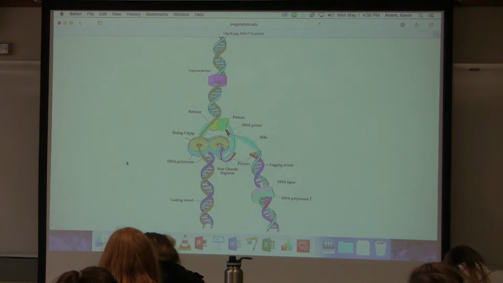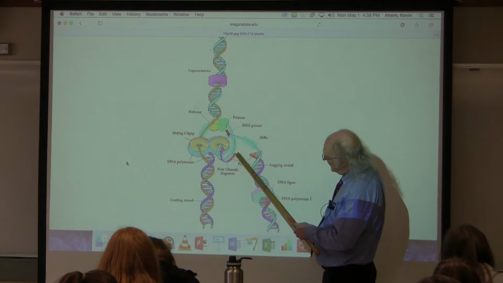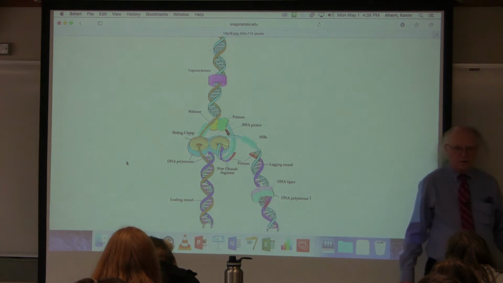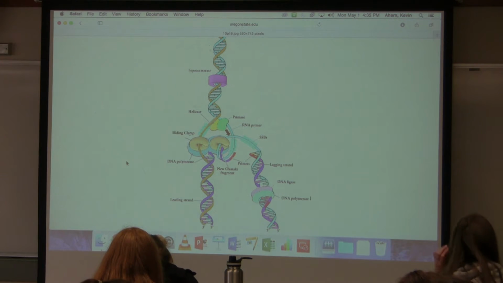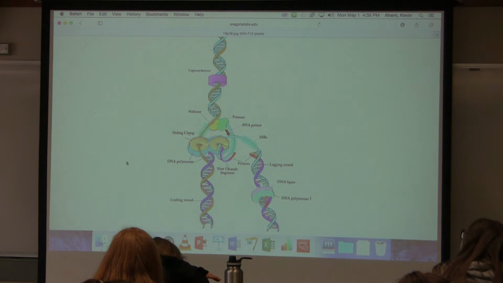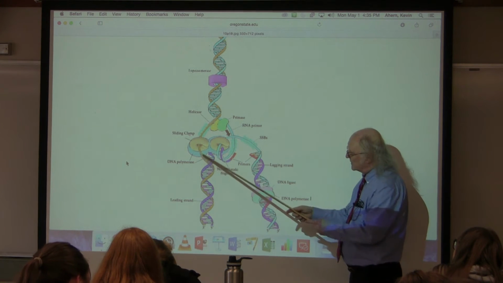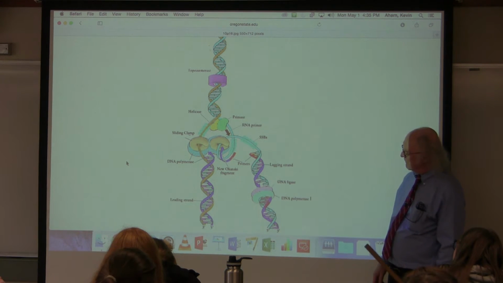Every time we have a DNA that gets started, it has an RNA primer that comes from primase. We can see a brand new one getting started right here, and it's going to come around here and replicate this direction. Okay? So primase is one of the proteins found at a replication fork. Here's DNA polymerase at the replication fork. Okay?